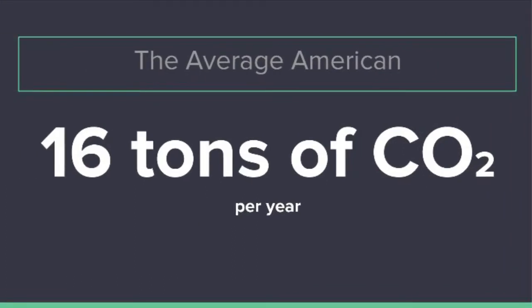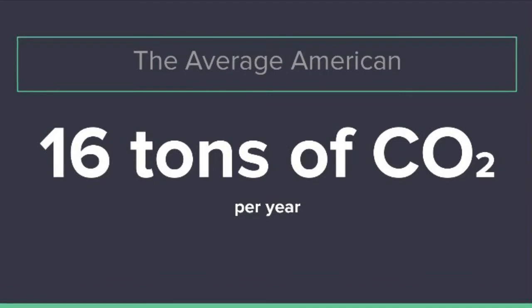So, of course, the first footprint that I am measuring is my carbon footprint. So, the average US citizen's carbon footprint is 16 tons of CO2 per year. This is according to the Nature Conservancy. And globally, the average CO2 per year is 4 tons.